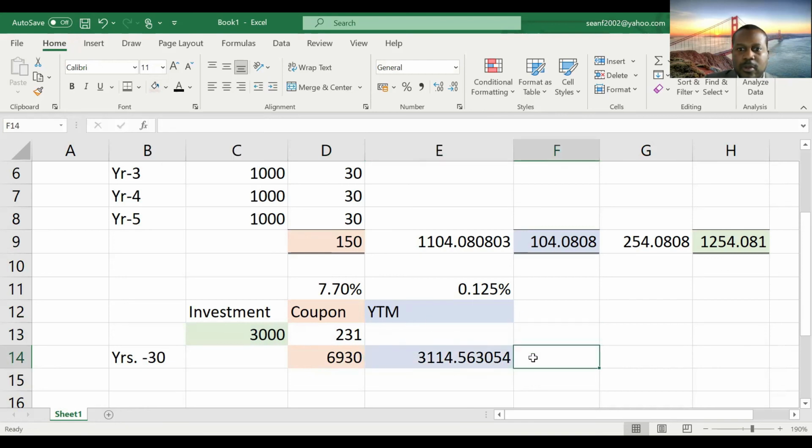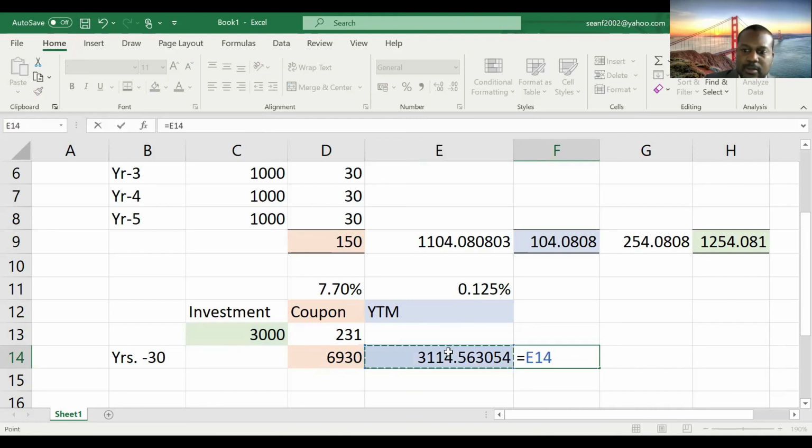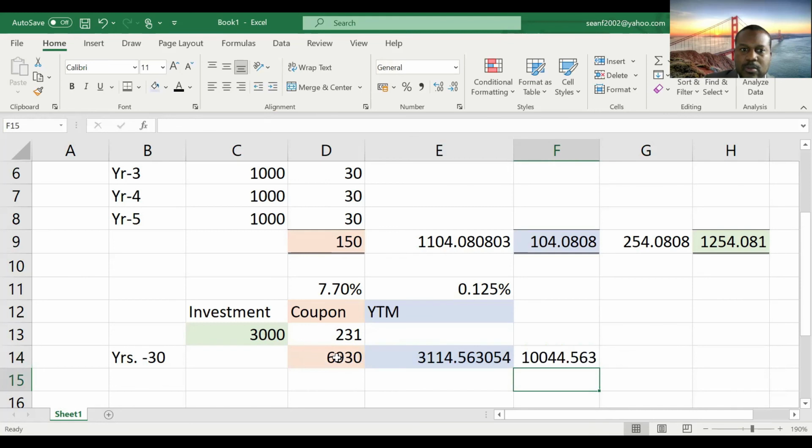Okay. So if we were to add these figures up, this plus this, the rate of return with the coupon payment as well as the yield to maturity would give us 10,044 basically in interest altogether.